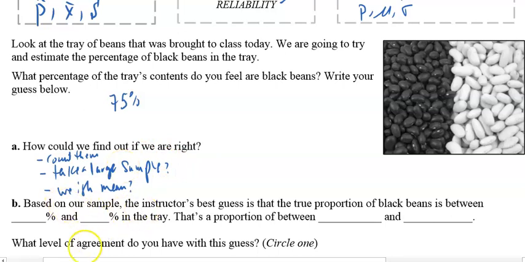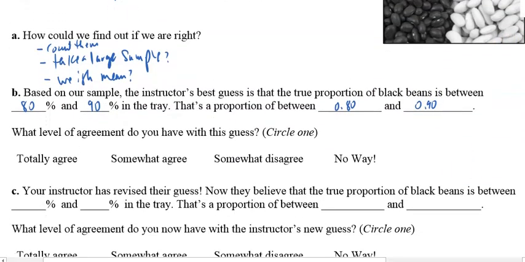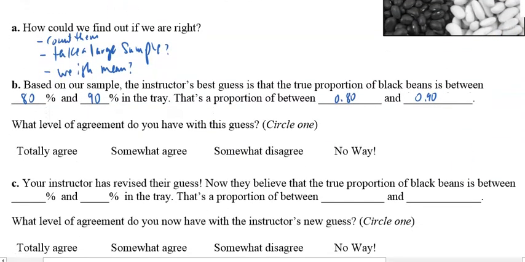Based on our sample, the instructor's best guess is that the true proportion of black beans is between 80 and 90%. Alright, let's say the teacher said that about the tray. So the proportion is between 0.80 and 0.90. That's what proportion is. It's really a percentage. What level of agreement do you have with this guess?